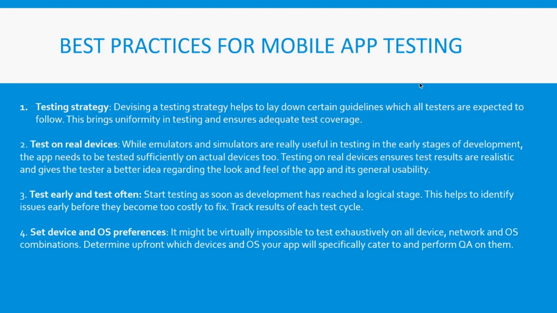the objectives as well. Now, you need to also have an understanding of testing on real devices. As I said, these are very useful in testing early stages of development. So there should be a mix of both real devices and emulated devices here. You need to test on real devices that are realistic and give you a better idea regarding the look and feel of your app and its general usability.